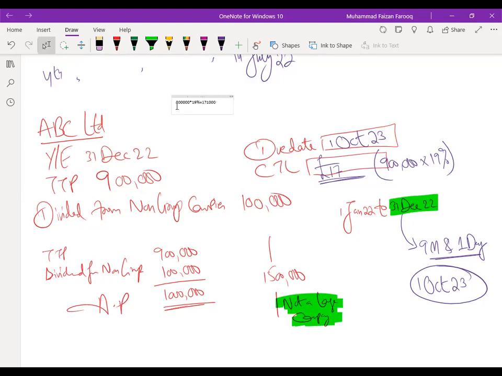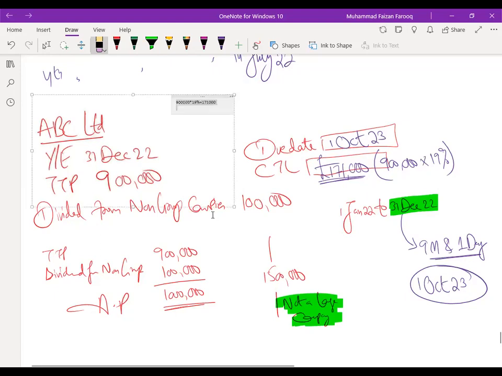Is it 171,000? You are right, 171,000. AP has nothing to do with the calculation of corporation tax liability. Till here, you found any complication in this question?